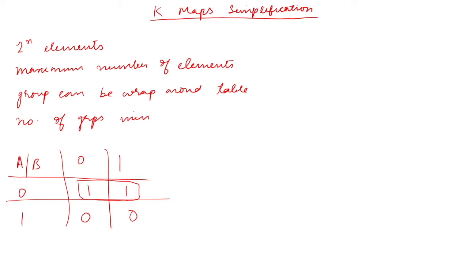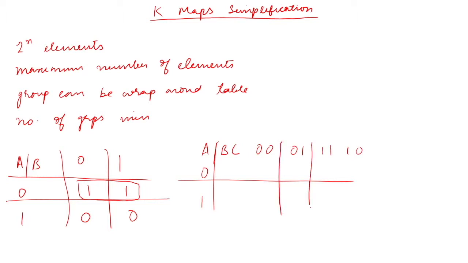Okay. If we are taking 0, 1, 1, 1, 1, 0, for example this group is not allowed as it is containing three elements and we have to take 2 to the power n elements, that is 1, 2, 4, etc. So what we can do here is we can remove this.